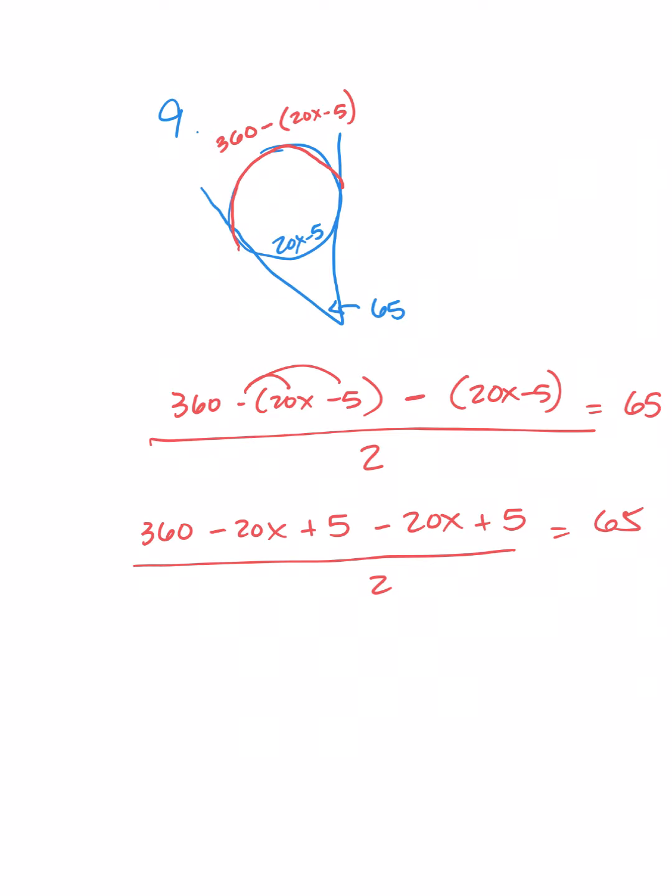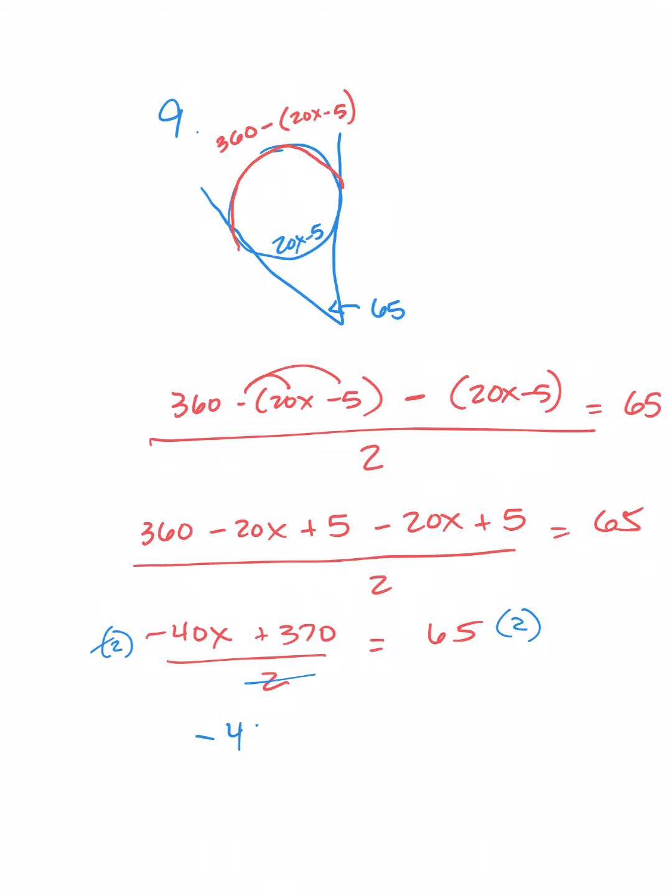So now we have minus 20x and minus 20x is minus 40x. 360 plus 10 is 370 over 2 equals 65. Multiply both sides by 2. These bite the dust.